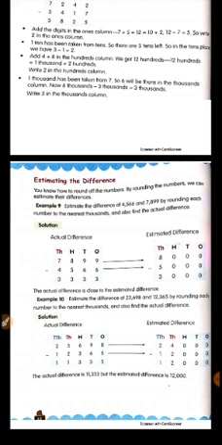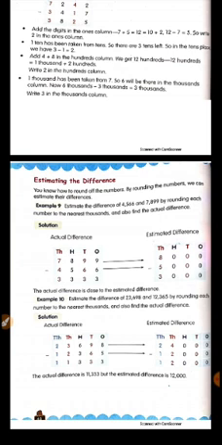But for the estimation, 23,698 becomes 24,000, and 12,365 becomes 12,000 after rounding.